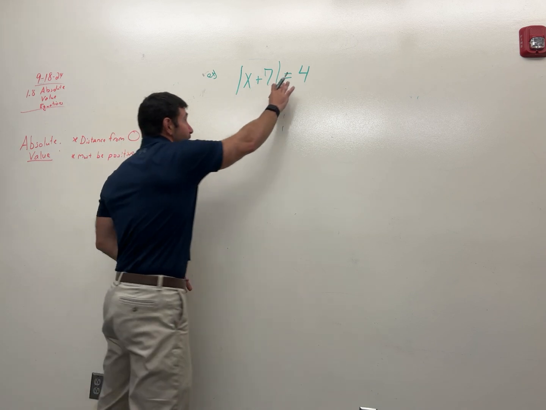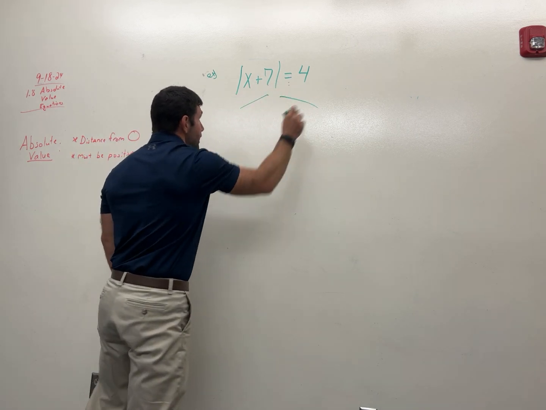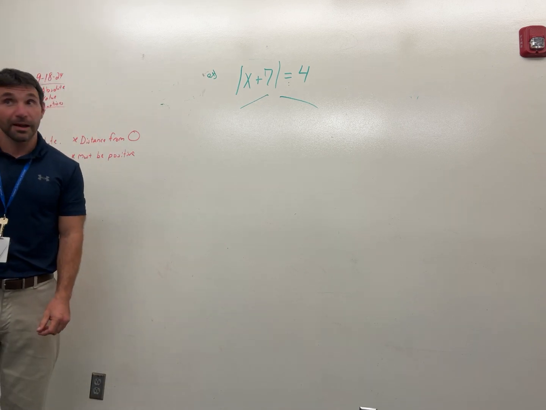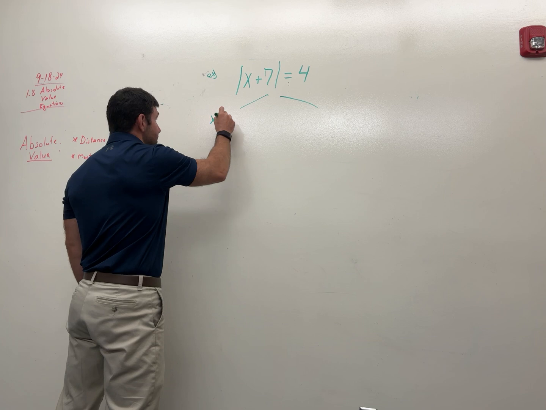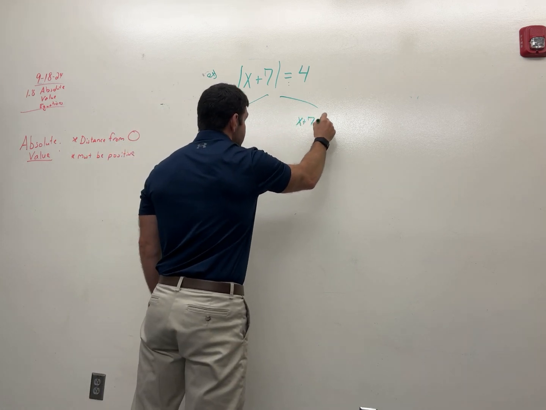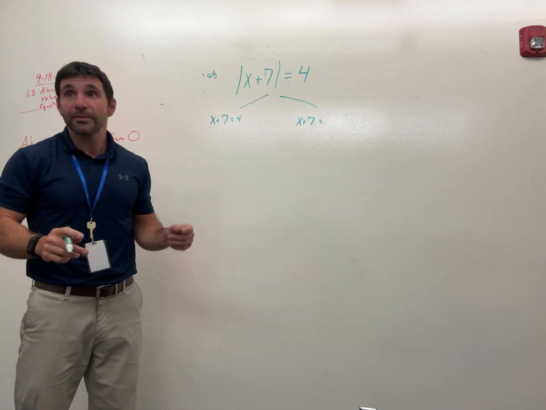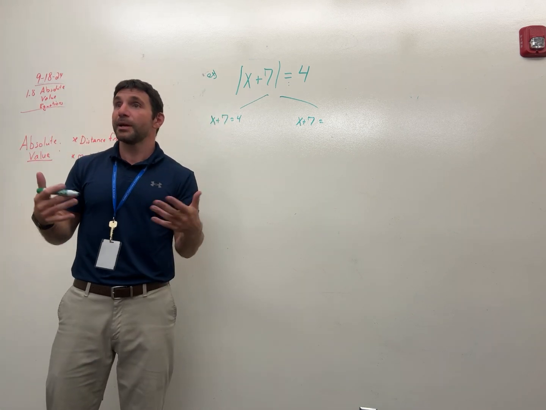So when we see this, we immediately say, hey, there are two different equations every single time. There will be the x plus 7 equals 4 and the x plus 7 equals, and then you have to make the entire other side the opposite. Well, how do we make it the opposite?